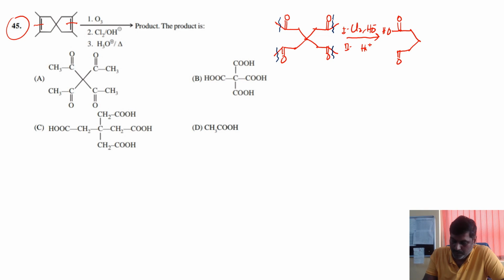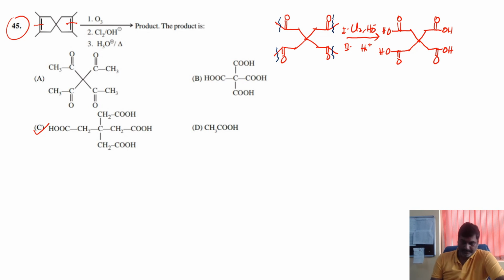C double bond O and OH, C double bond O, OH, C double bond O and OH. Okay, so which is the right one? C is the correct one. Done. There is no problem at all.